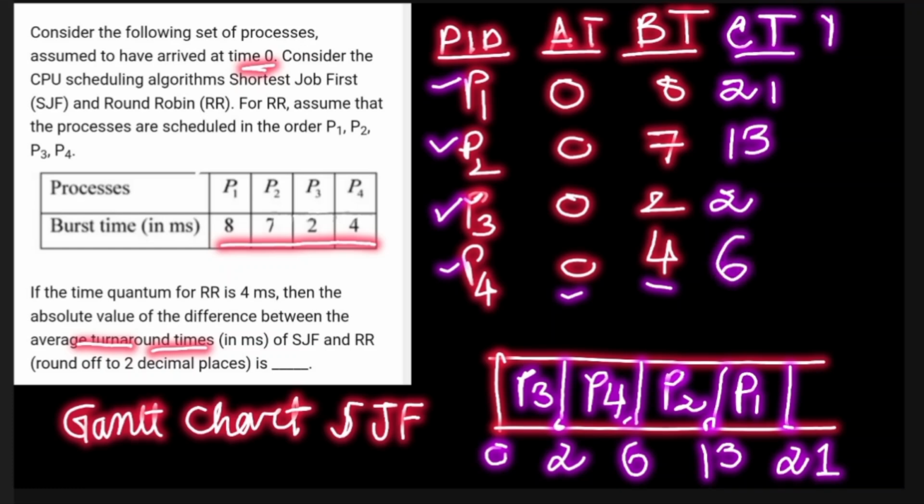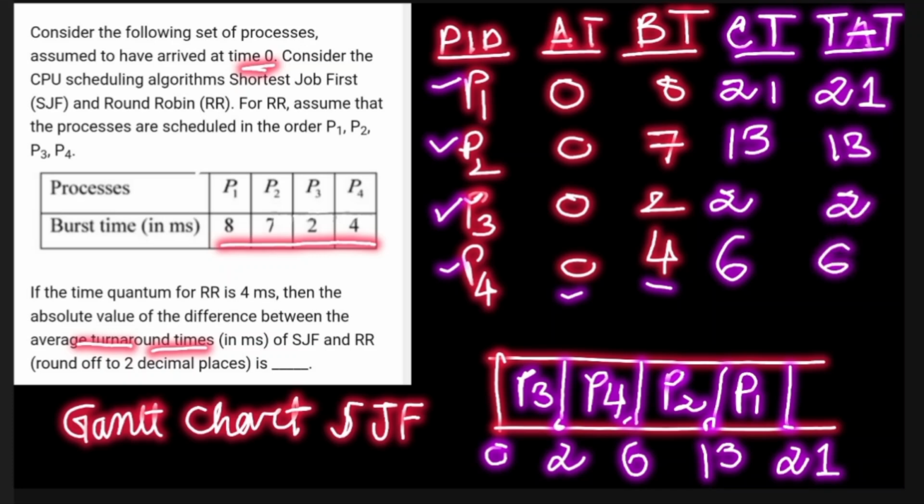So what are the turnaround times now? We know turnaround time equals completion time minus arrival time. As arrival times are 0, completion time is the same as turnaround time.